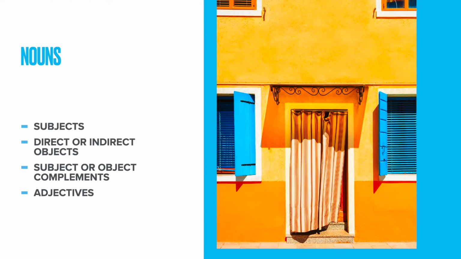A noun is something that names something, such as a person, an idea, or a thing. So in a sentence, a noun can play many different roles. It can play the role of subjects, direct objects, indirect objects, subject complements, object complements, adjectives, and so on and so forth. There are many different types of nouns.